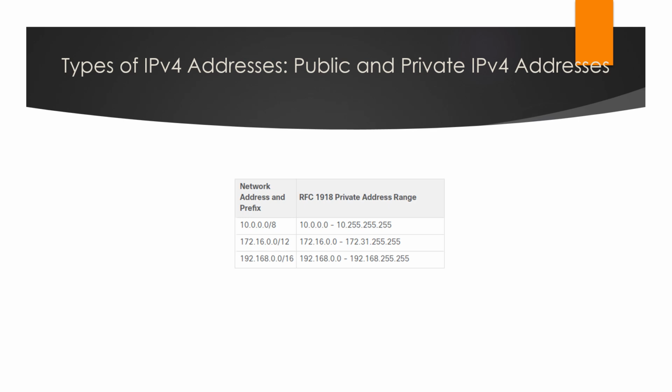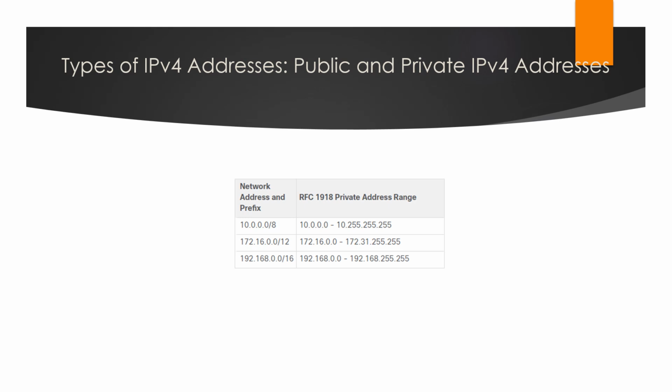Public IPv4 addresses are addresses which are globally routed between Internet Service Provider routers. However, not all available IPv4 addresses can be used on the Internet. There are blocks of addresses called private addresses that are used by most organizations to assign IPv4 addresses to internal hosts. In the mid-90s, with the introduction of the World Wide Web, private IPv4 addresses were introduced because of the depletion of IPv4 address space.